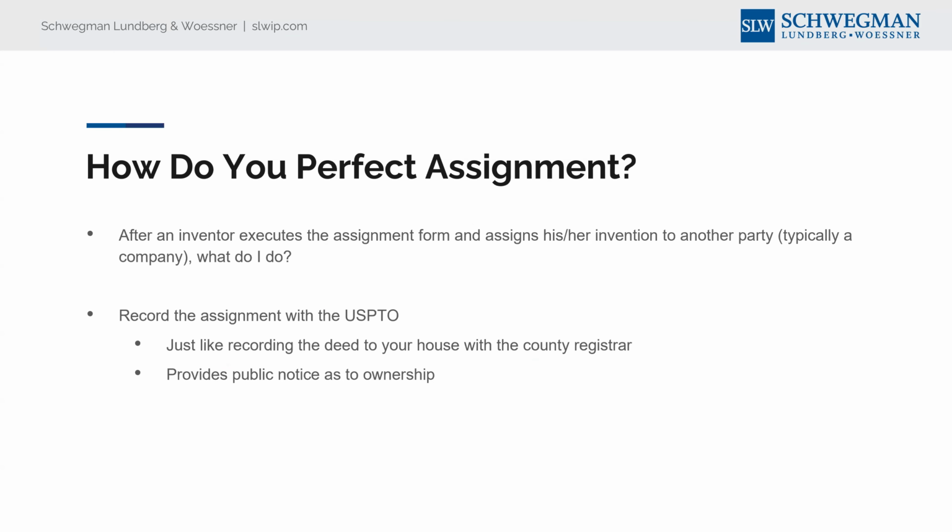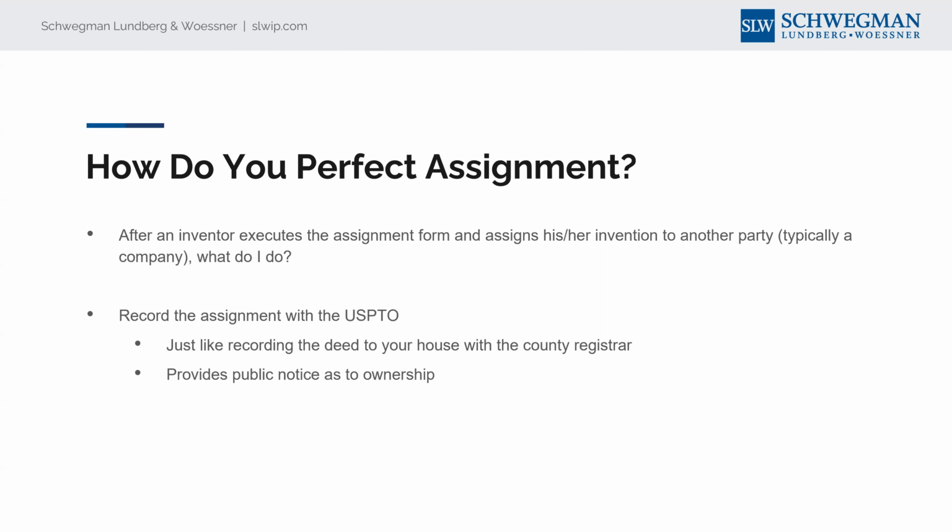Once you do assign, though, and this is important, you're going to want to perfect the assignment, simply meaning that you want to record evidence of that assignment with the United States Patent Office. That's what allows it to be looked up. There's a whole database you can search for these things.